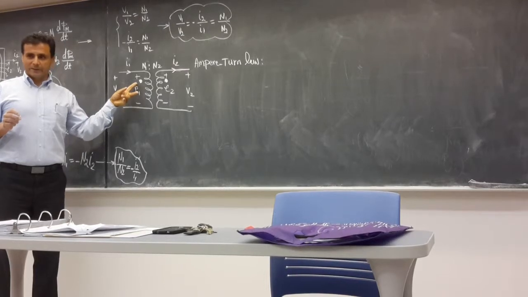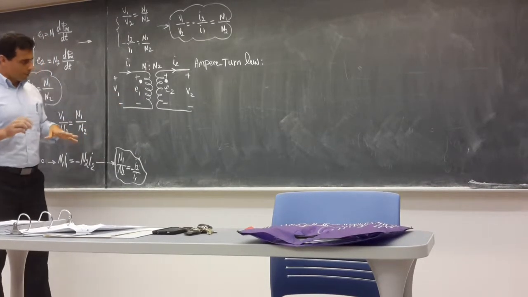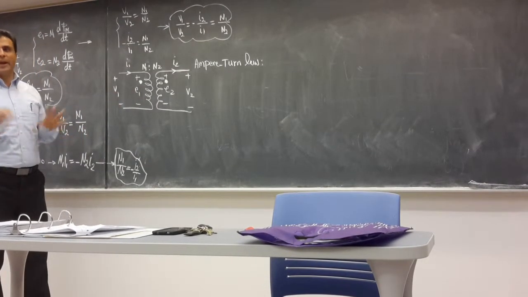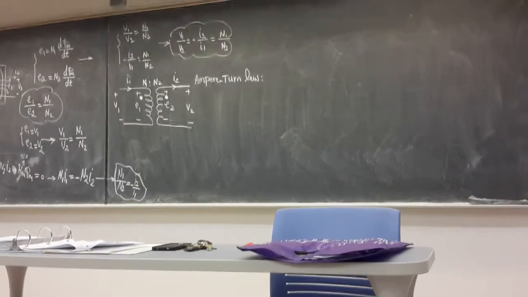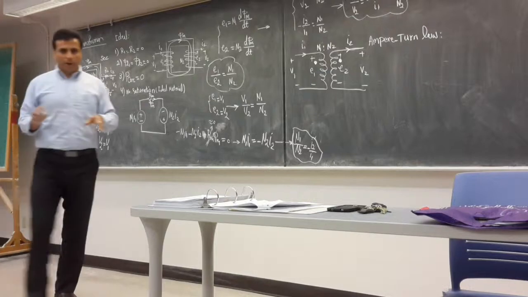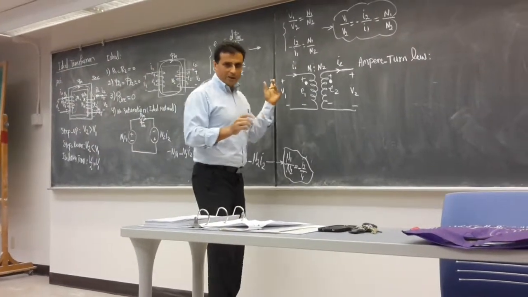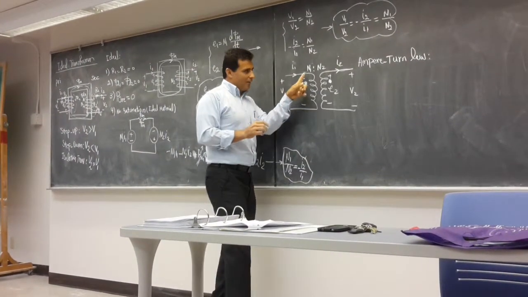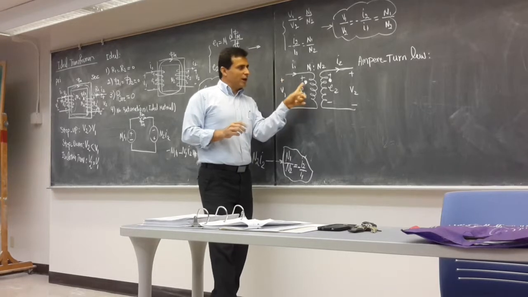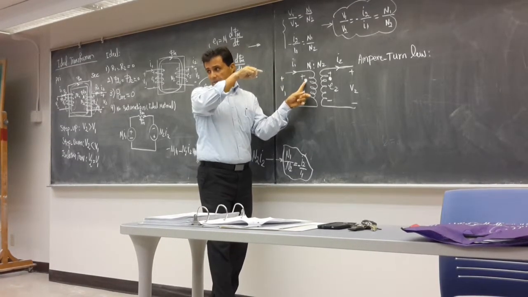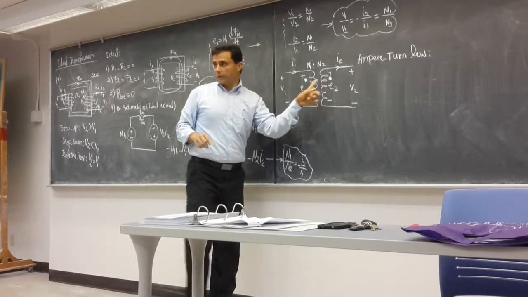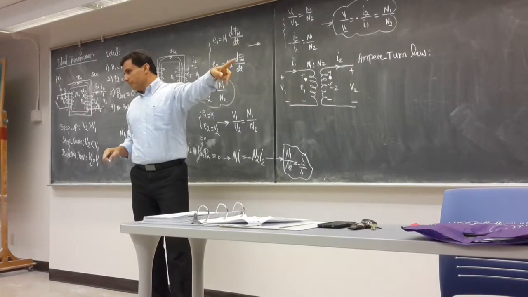The ampere turn law says the summation of all the NI, ampere turns, in the system is going to be equal to 0. But how are we going to sum those things together? So here I have N1 I1. If the current is entering the dot, we consider it positive. If the current is leaving the dot, we consider it negative.